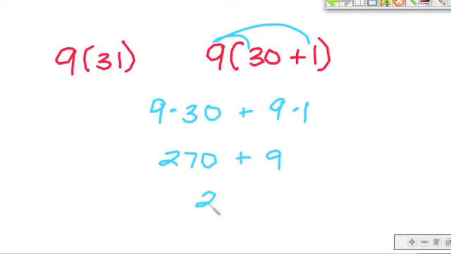Add those two together and I get 279. Again, you can do it this way, or you can write it out in distributive property and make it go a little faster.